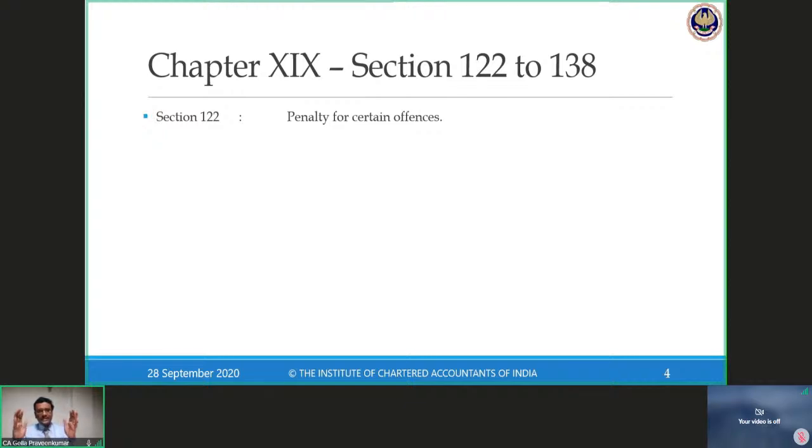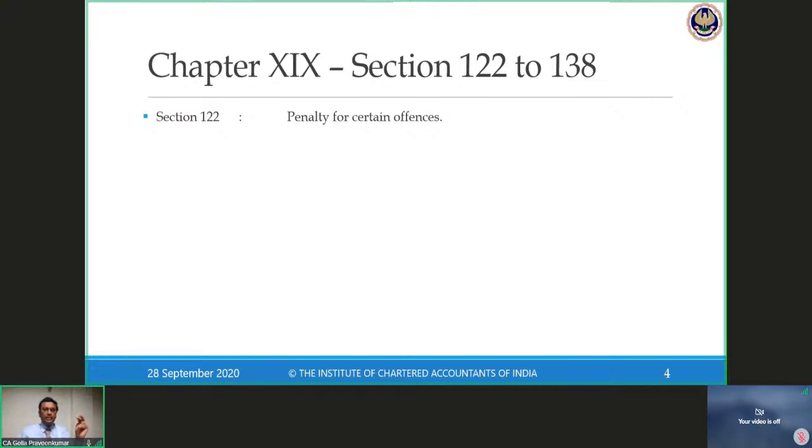Focus is on this particular chapter, chapter 19, which covers section 122 till section 138. Today, half an hour of time was lost because of another activity. We will try to cover to the best possible extent in today's session, and the rest we will cover in tomorrow's session, that is the next session, with the pending aspects.